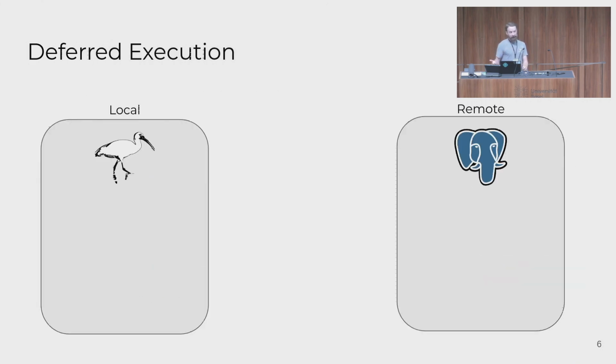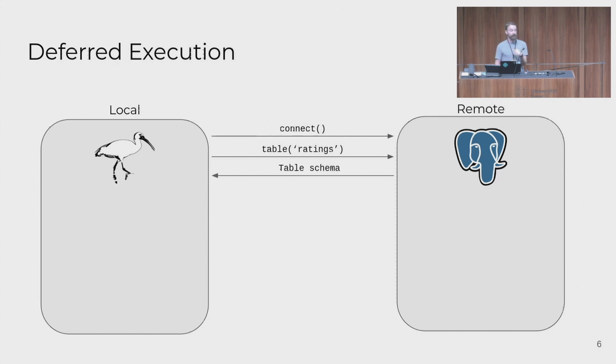It does this by following a deferred execution model. So if you consider this same scenario where we have our laptop on the left and a remote engine on the right, now instead we connect to the engine. We say, do you have a table called ratings? And if the answer is yes, we just get back the schema of that table. That's it, just the column names and the column data types.